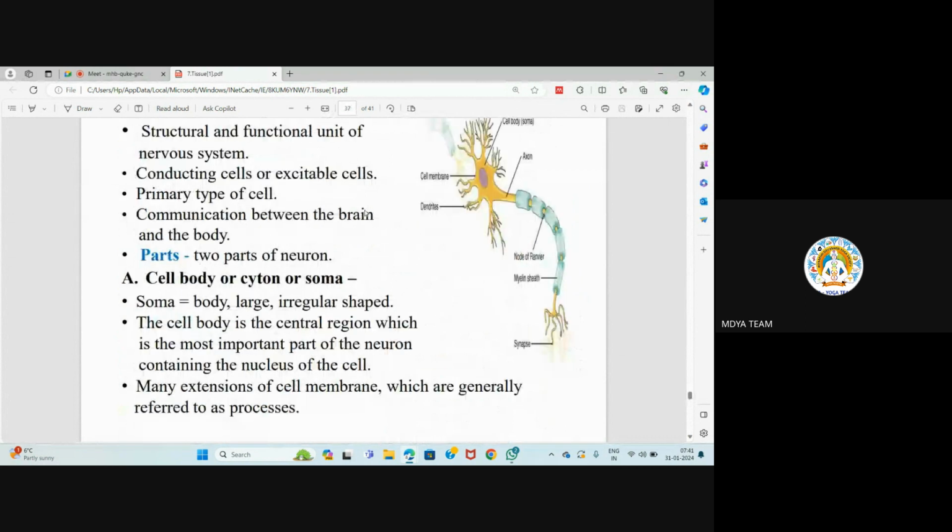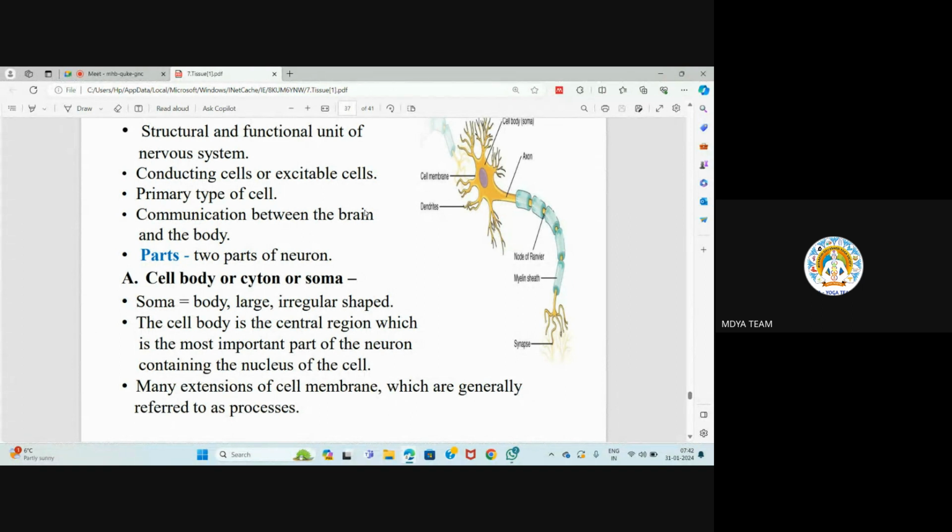Now we will understand about the cell body or cyton or soma. Soma equals body, large irregular shape. So I think you got the picture of the neuron and understood that there is no particular shape of the cell body of a neuron.